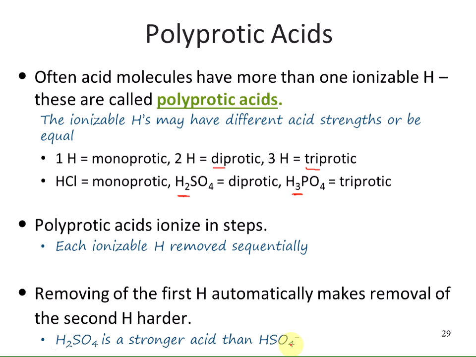So if I remove an H plus from the HSO4 minus, that creates SO4 2 minus. So it's going to be even more difficult to remove a positive charged proton from the HSO4 minus because it already has a minus charge, whereas the H2SO4 is neutral. So taking off the second proton is always more difficult than taking off the first.